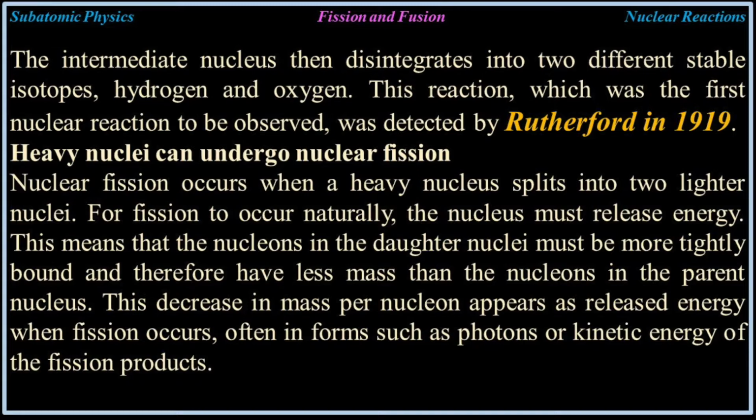This means that the nucleons in the daughter nuclei must be more tightly bound and therefore have less mass than the nucleons in the parent nucleus. This decrease in mass per nucleon appears as released energy when fission occurs. Often it takes forms such as photons or kinetic energy of the fission products.